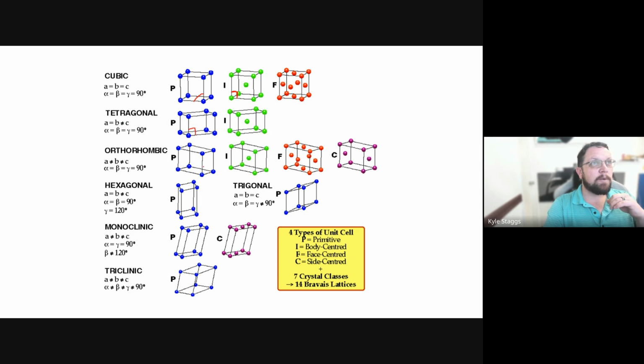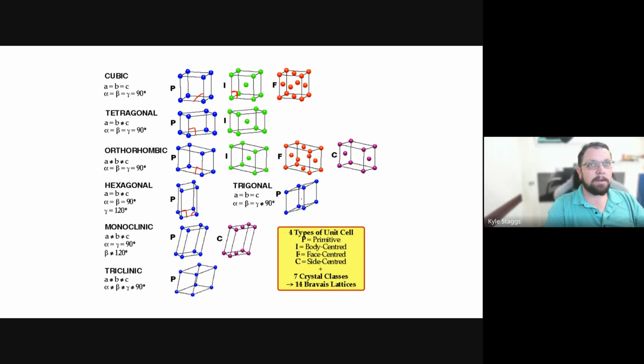In the case of orthorhombic, again, 90 degrees. In the case of hexagonal, each of these is 90 degrees in this plane, but it's 120 degrees on the base there. So it's a little bit unusual.